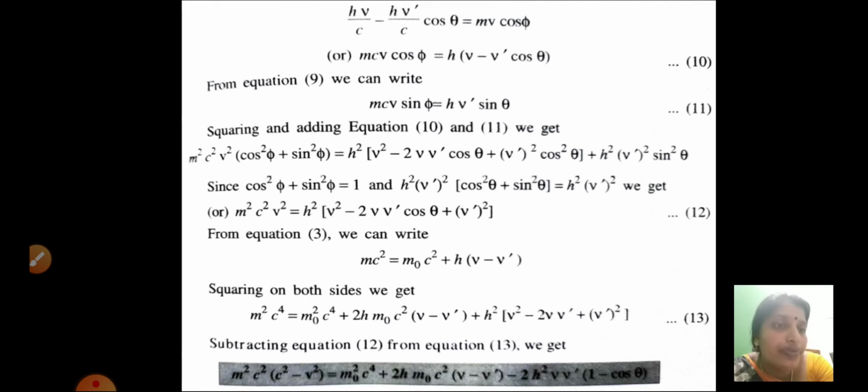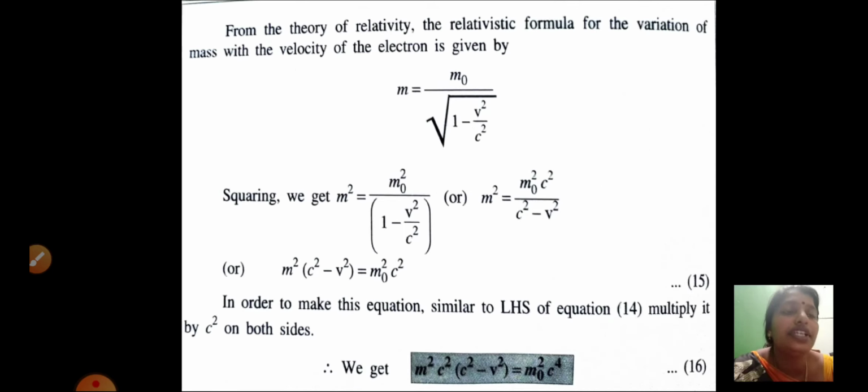These are 13 to 12, times 1 minus cos theta. So we consider this the 14th equation.